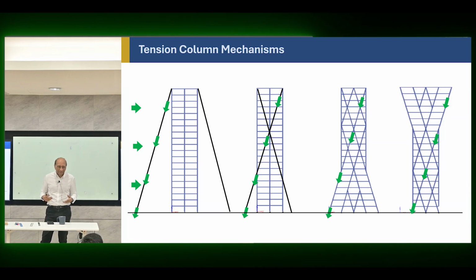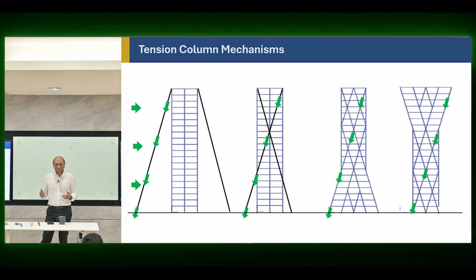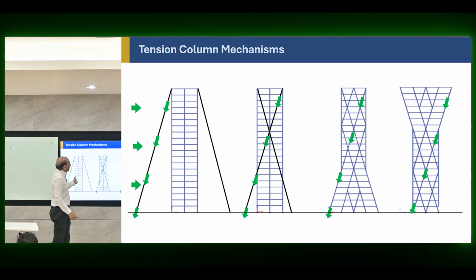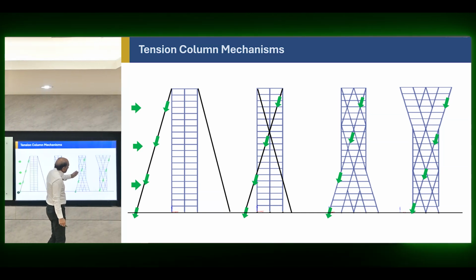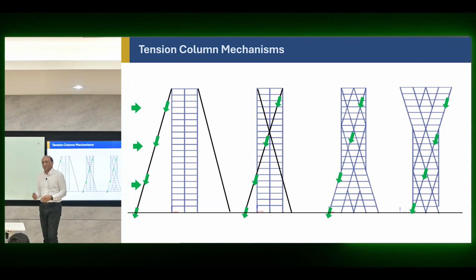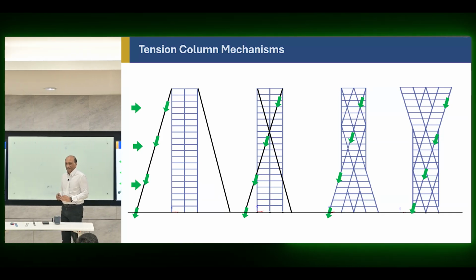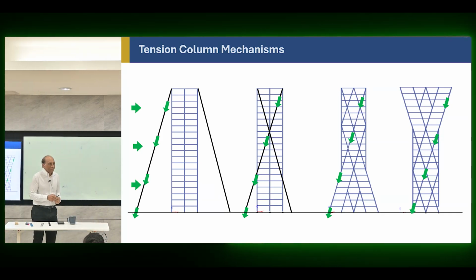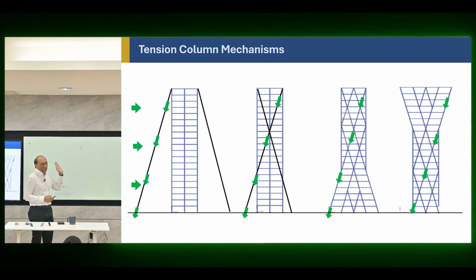Because those people arrived at it after several trials and development of the system, not just arrived like that. People say the light bulb thing, but it doesn't happen like that. You have to work on things and understand concepts. So this is the tension column, or the diagonal bracing, or the diagrid concepts that develop on that, right? So now we can see clearly that deflection and lateral displacement control can be done in a number of ways.